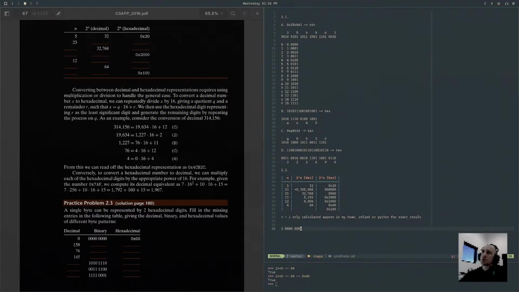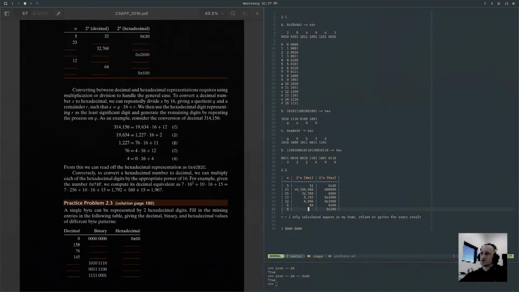Okay, so if you have a 1 bit here, you have 2 to the power of 0. Then 1, 2, 3, 4, 5, 6, 7, 8. So it's 2 to the power 8, which is represented as 1, 2, 4, 8, 16, 32, 64, 128, 256.